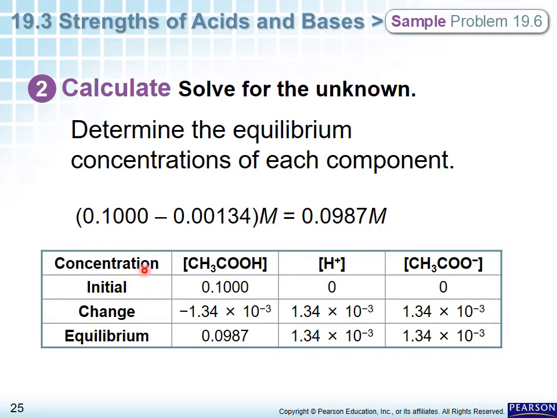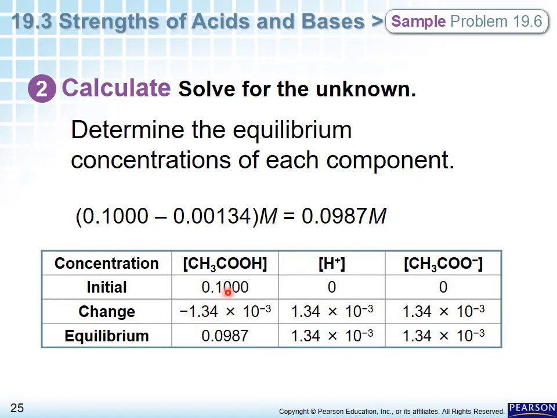So the concentration initially, what is the concentration of acetic acid or ethanoic acid? 0.100. What is the concentration of acetate ion before dissociation? 0. After the change, what happened?